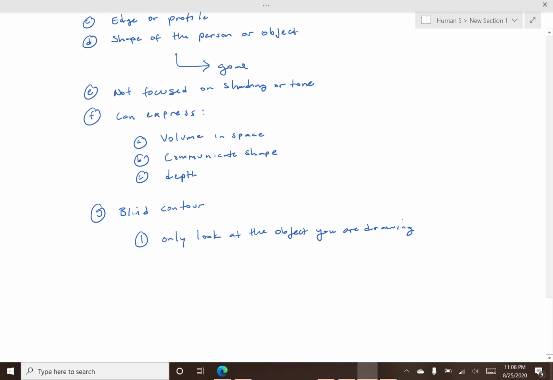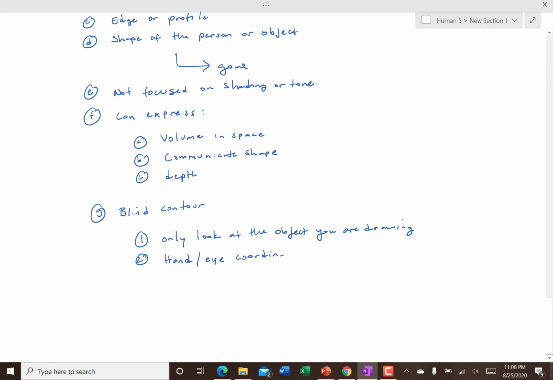You placed an apple on the table, and you have your piece of paper and a pen in front of you. You don't ever look down at the paper. You keep your entire focus on the object. The purpose is to create better hand-eye coordination and focus.